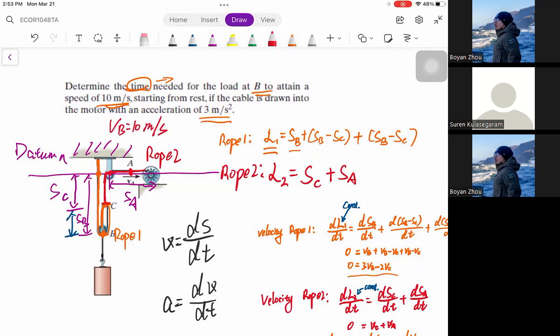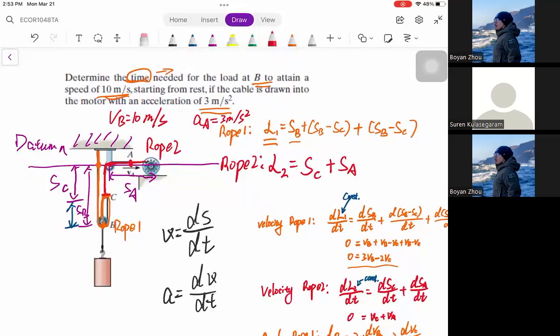And also we need A at point A is equal to 3 meters per second squared. So we're given the acceleration at point A and we need to find the acceleration at point B.